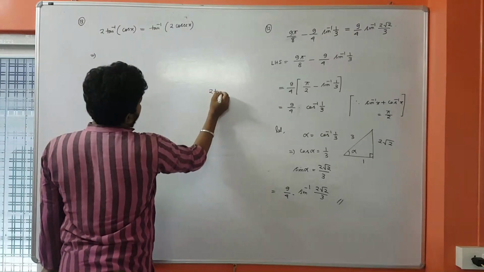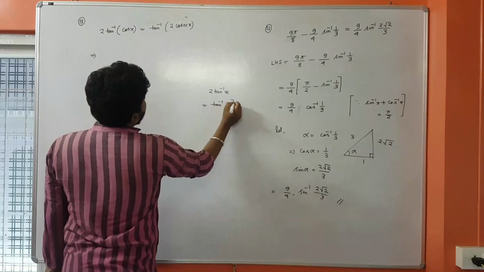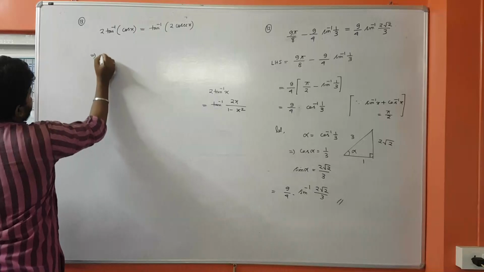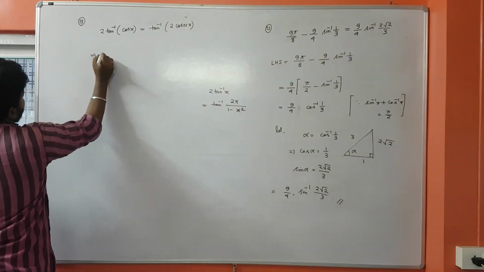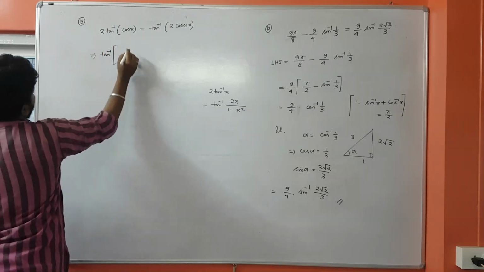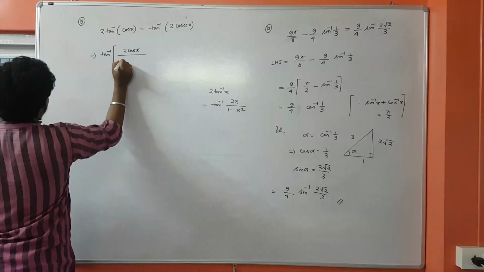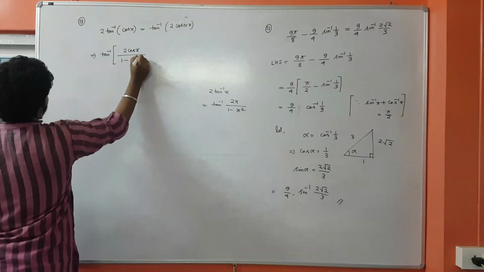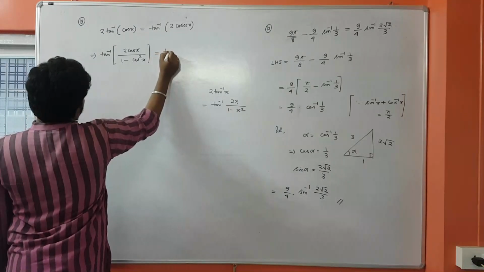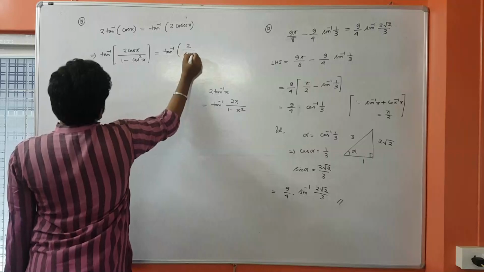Twice tan inverse of x has the property tan inverse of twice x by 1 minus x square. You can write this as tan inverse of twice cos x by 1 minus cos square x. This is tan inverse of 2 by sin x.